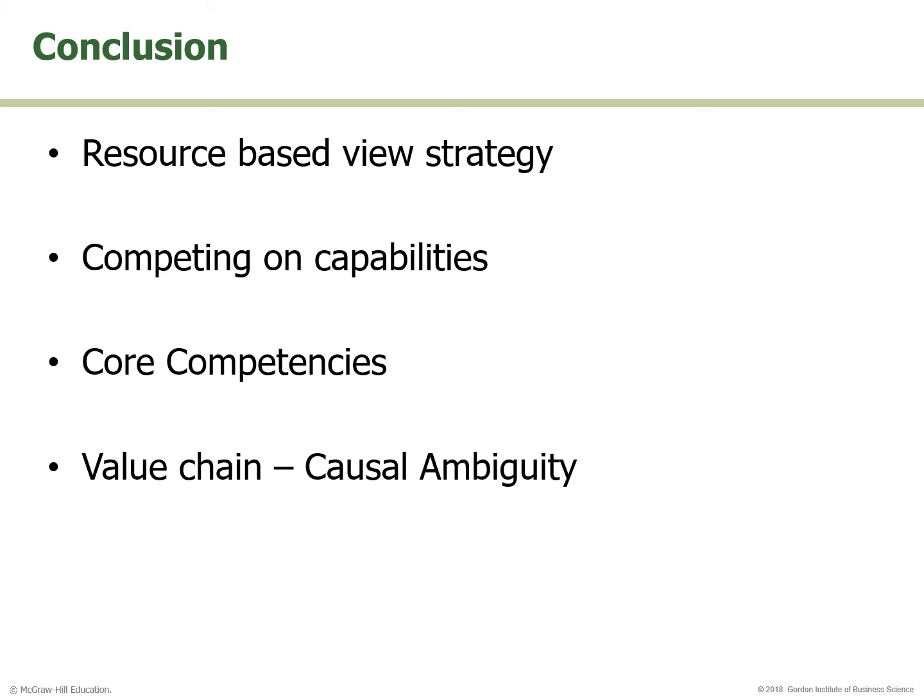But those core competencies should drive its value chain with an objective, to some extent, to create causal ambiguity, which means that it's very difficult for an outsider to identify what exactly drives that company's competitive advantage or customer value proposition, or what drives its superior financial performance. And all of those things are driven by the company's resources and capabilities.